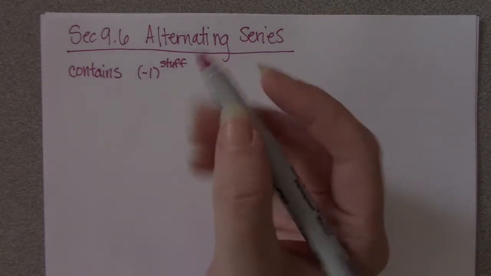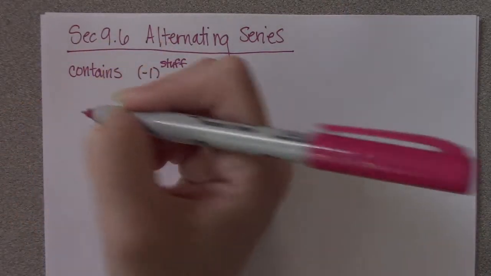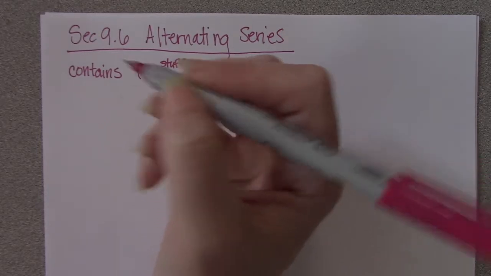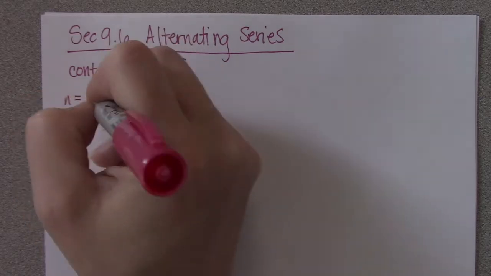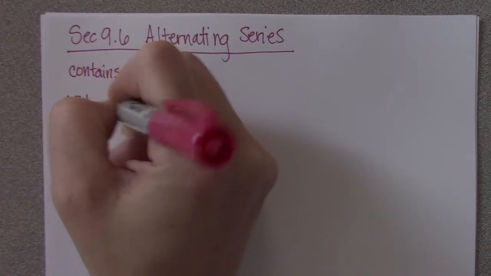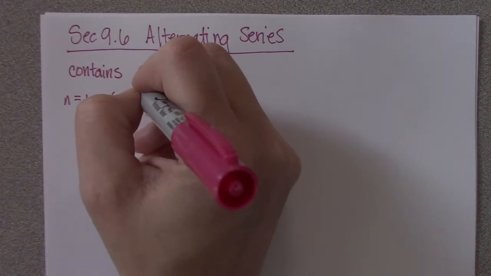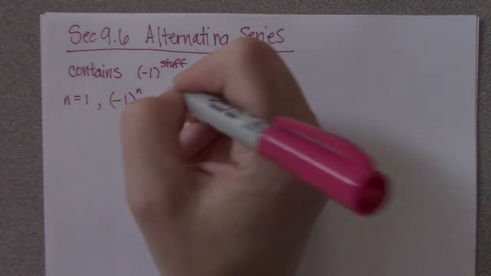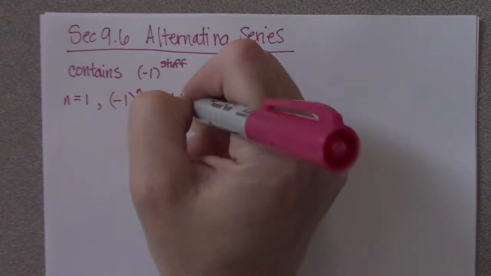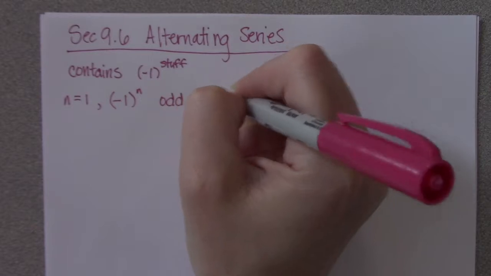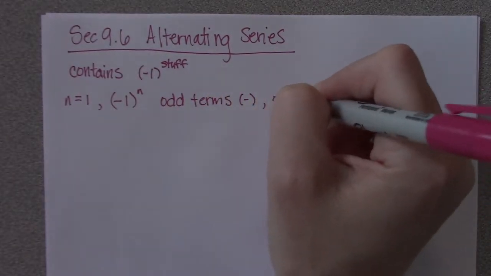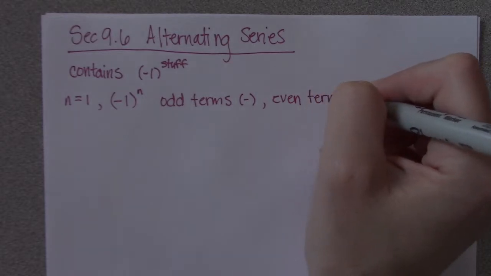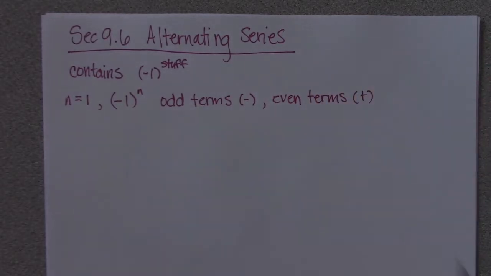There's kind of two most common forms of the stuff that ends up in the exponent. So if you look at n equals 1, and your term in your series is -1 to the n, what that means is all the odd terms will come out as negative, and the even terms will come out as positive.